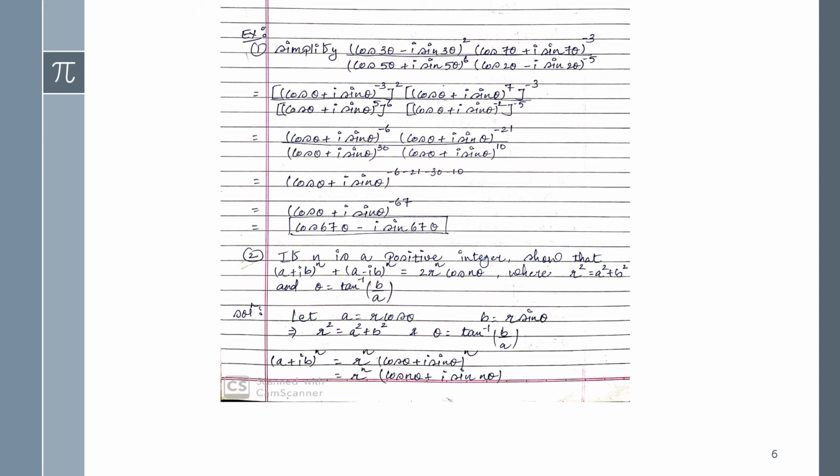So cos theta plus i sin theta whole raised to 7, and minus 3 keeping as it is, upon, here also 5 theta is given. So again we are removing 5 from the equation. So it will be cos theta plus i sin theta whole raised to 5, whole raised to minus 6, again as it is. And here a negative sign is given to you, right. So cos theta plus i sin theta whole raised to minus 2, and here minus 5 as it is.